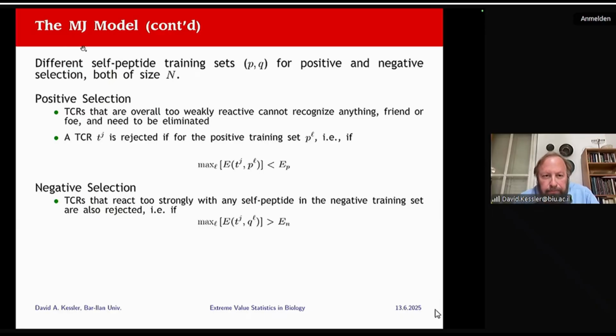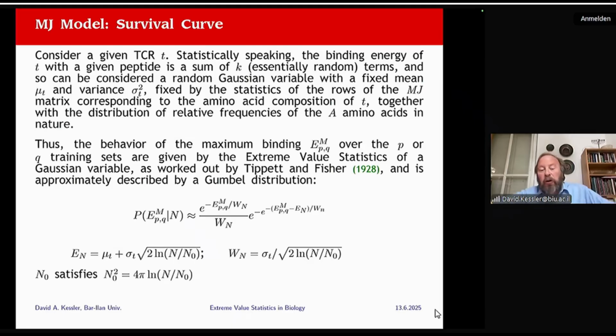All right. And now we want to do some math. And so we consider a given TCR, T. Now, statistically speaking, the binding energy of T with a given random peptide is a sum of K terms, which are essentially random because each of the 10 amino acids is chosen from one of 20 amino acids, and it's the sum of these numbers.